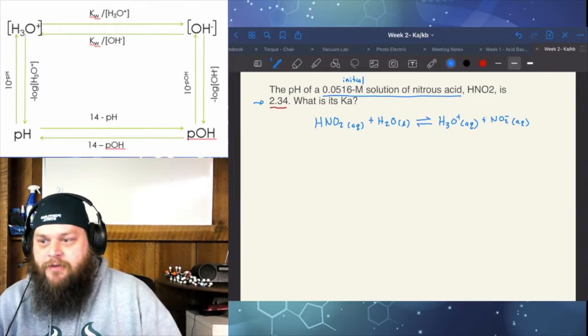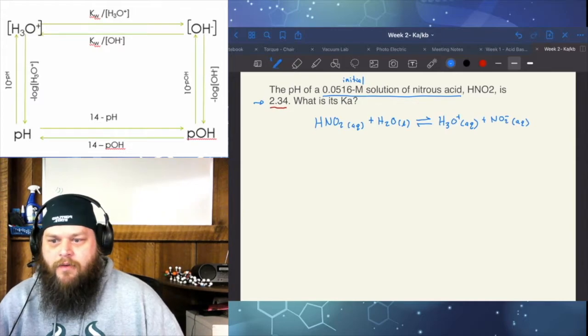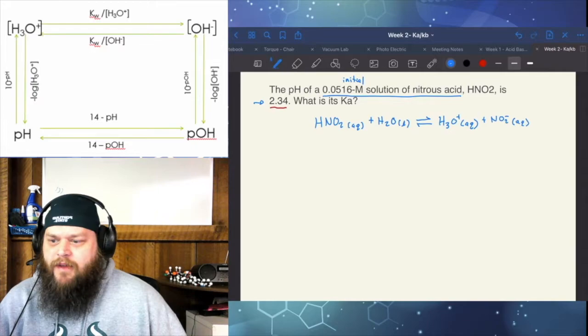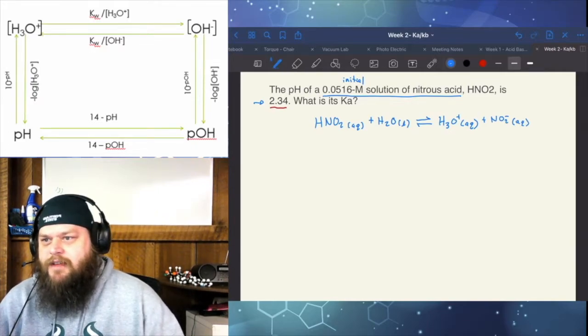But first we need to find that concentration of hydronium. I guess we don't need to do that first. Okay, let's set up that ice table.